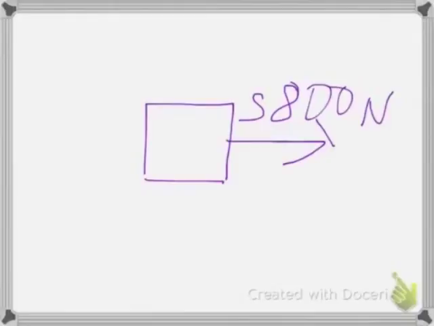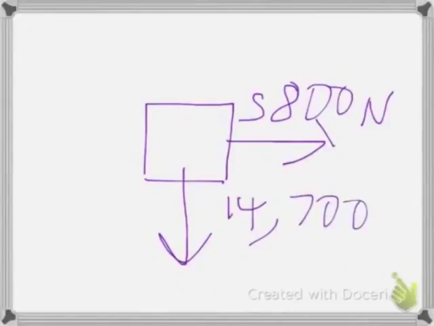The car has a weight of 14,700 newtons. If it's a weight, it's pulling it down. The road exerts a force on the car of 14,700 newtons.